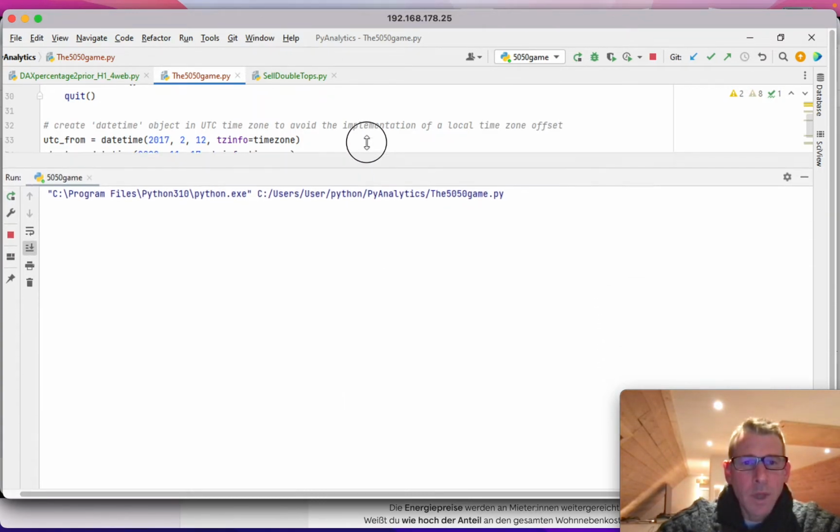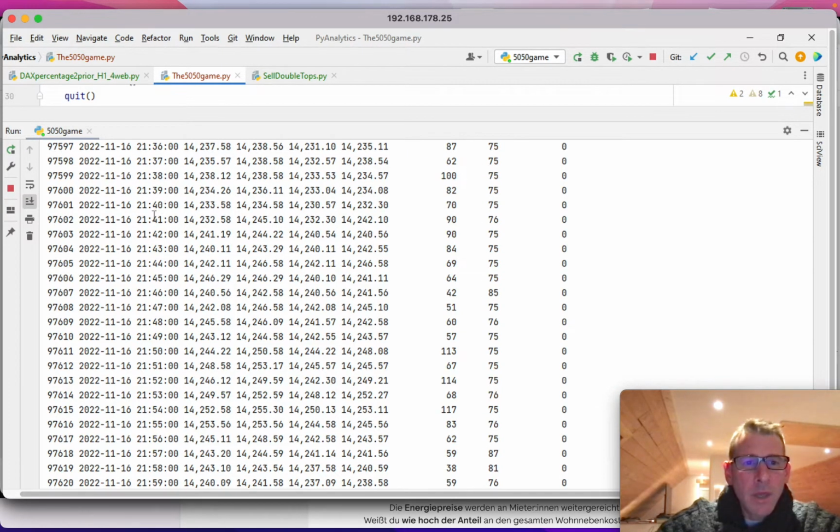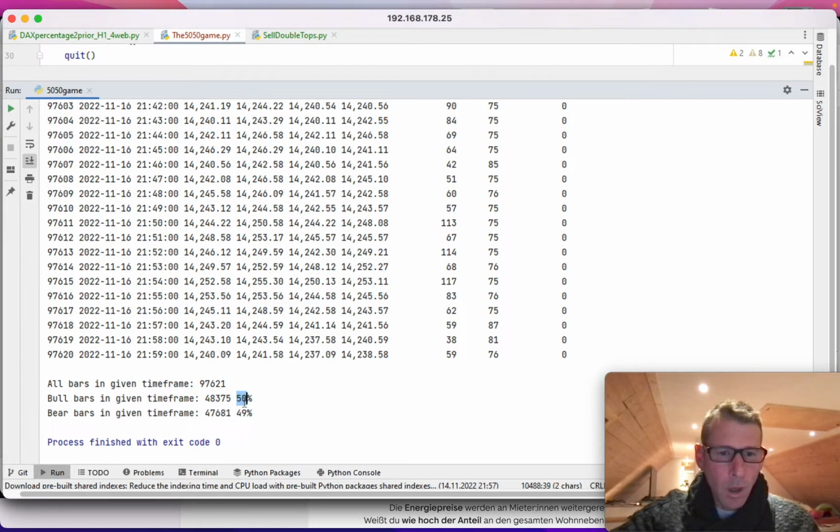So this is getting the last 100,000 one-minute candles. You see it here with the timestamp, every minute a new data set. It's computing the result. Here you go, 50-50.